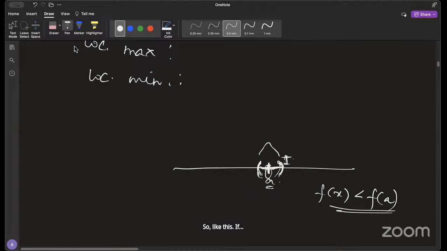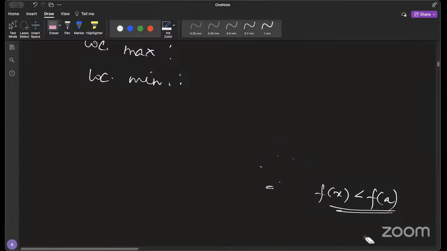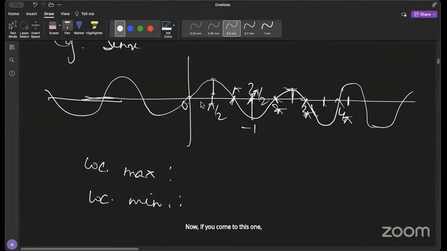If f of a has the highest value in this interval and every other value at these points is less than f of a, then it should be like this, right? So this is what you want: an interval around A where the value of this function at all points in that interval is less than f of a. Now let's do this properly.